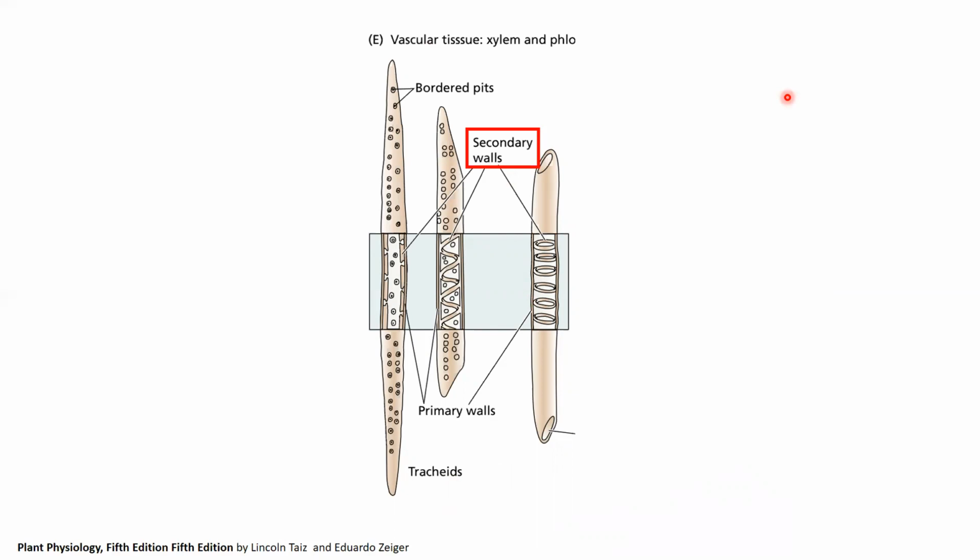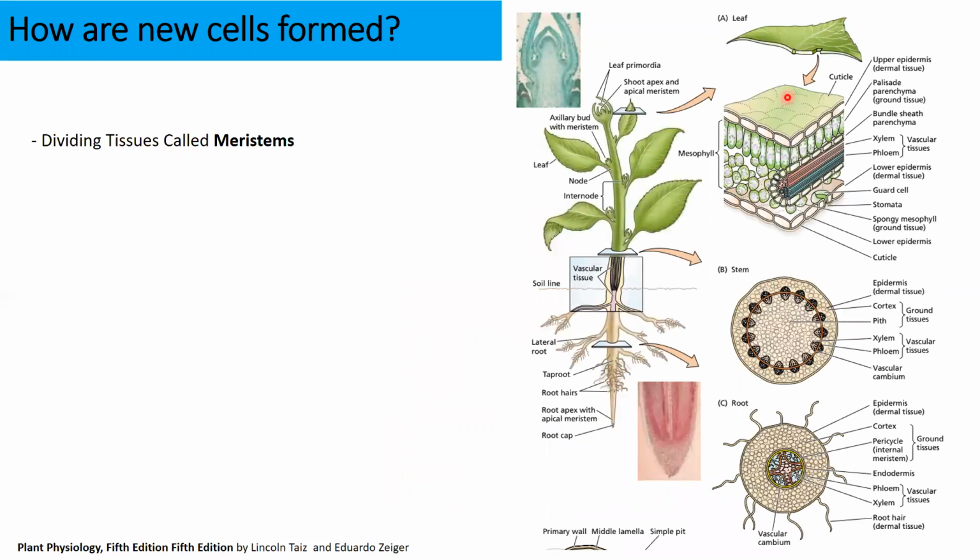Secondary cell walls are deposited in certain cells such as xylem vessel elements and sclerenchyma cells after cell expansion is stopped. So how are new cells formed in plants?